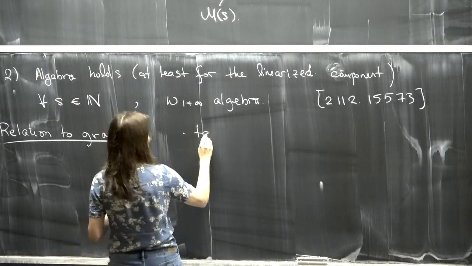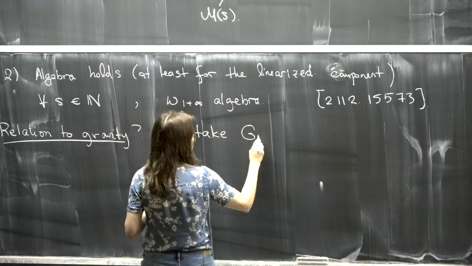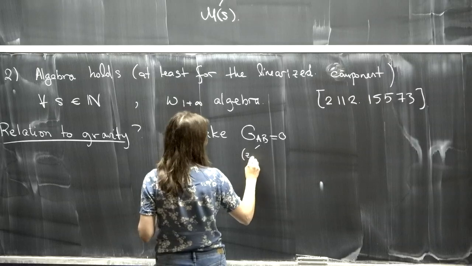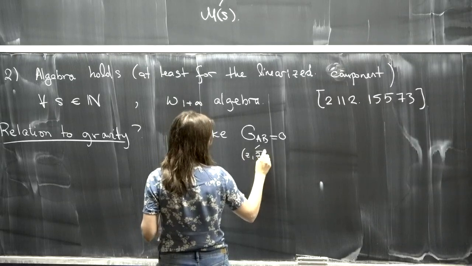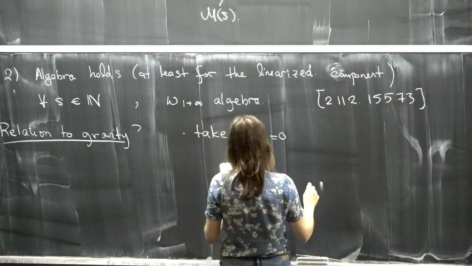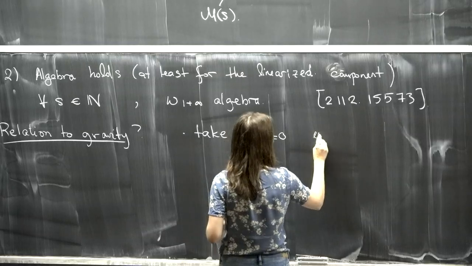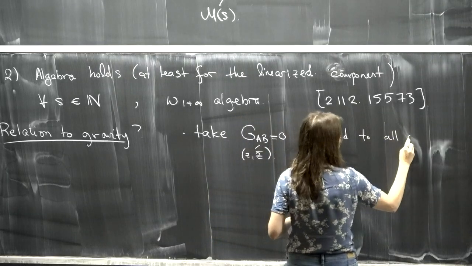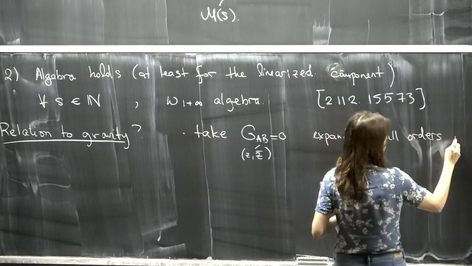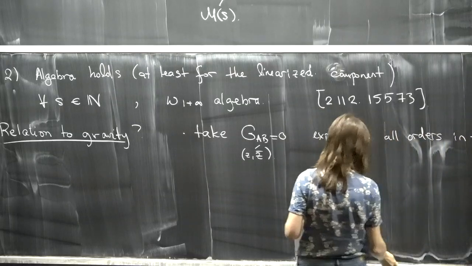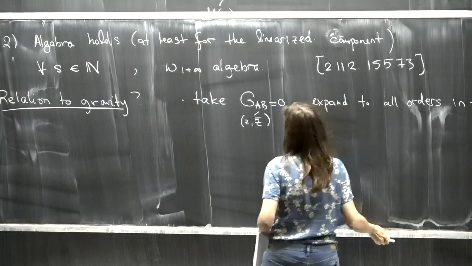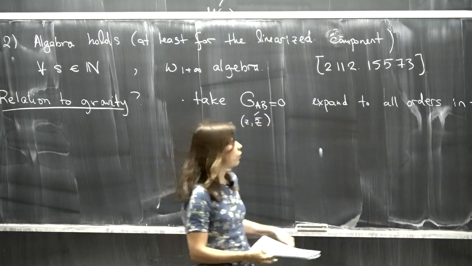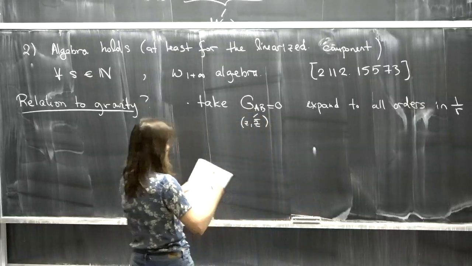So we take the G_AB equal to 0 equation. Remember, these AB indices ran over z and z bar. To remind you, the s equal to 2, 1 came from order 1 over r squared. Now you can go to order 1 over r cubed, and so on.